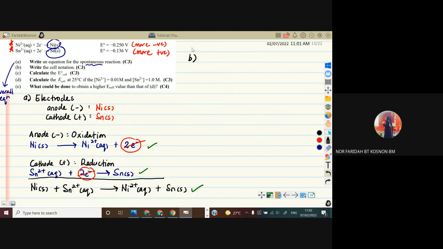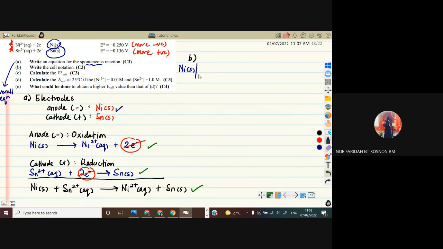Dia ada cara. Okay, so for those yang dah buat, tolong semak. So at the far left, sebelah kiri, paling kiri, dia mesti represent the anode electrode. So the electrode sebab itu kena tentukan tadi adalah nickel solid. So nickel solid, and then kalau kita lukis dia punya cell diagram, nickel solid, the anode electrode, is immersed in the electrolyte.